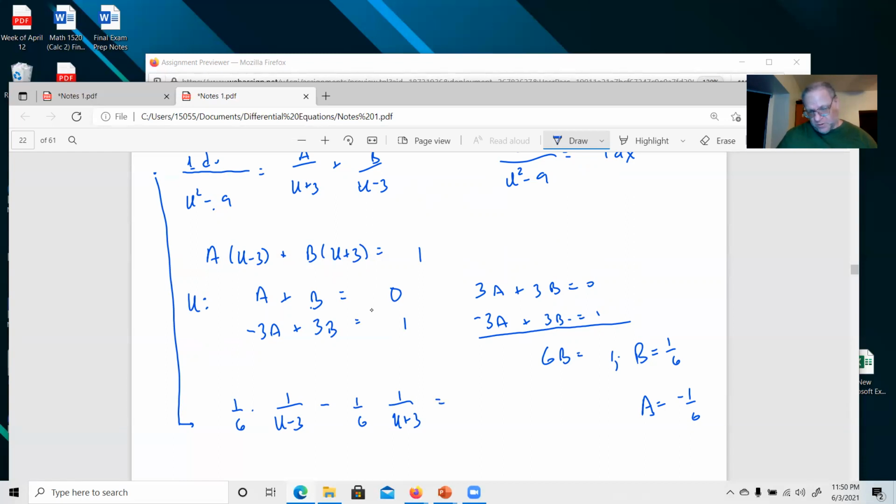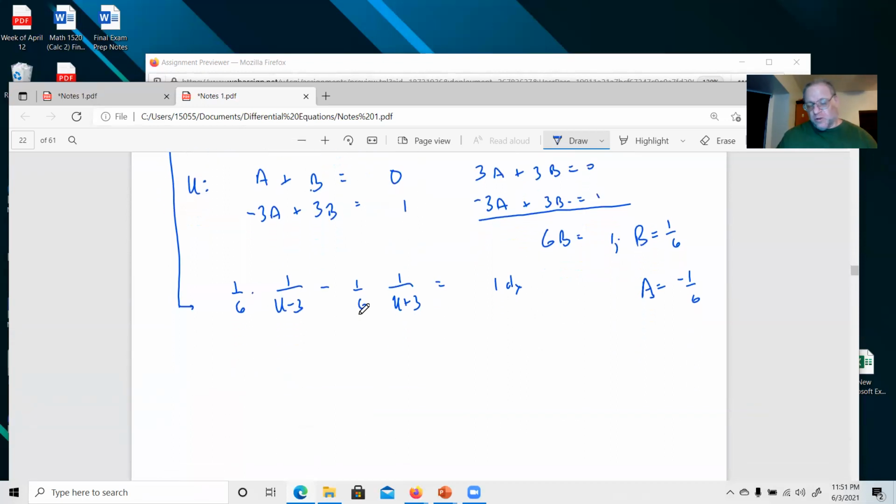And this is equal to 1 dx. So let's go ahead and multiply both sides by 6. So we have 1 over u minus 3 minus 1 over u plus 3 is equal to 6. Integrate both sides. There's a dx, there's a du.